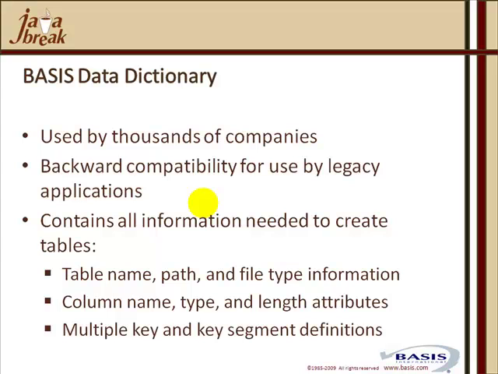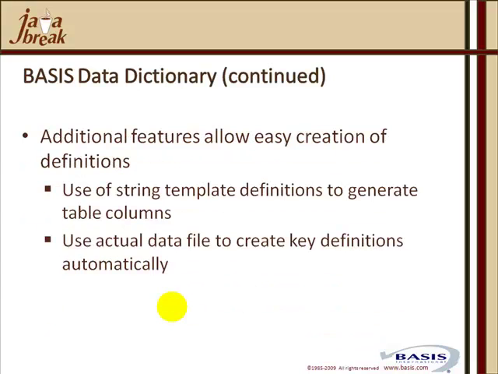It contains all the information needed to create tables, such as the table name, the path to the files, type of file it is, column names, types, and linked attributes, as well as the key and index information related to the file. It also has additional features that allow for easy creation of definitions.